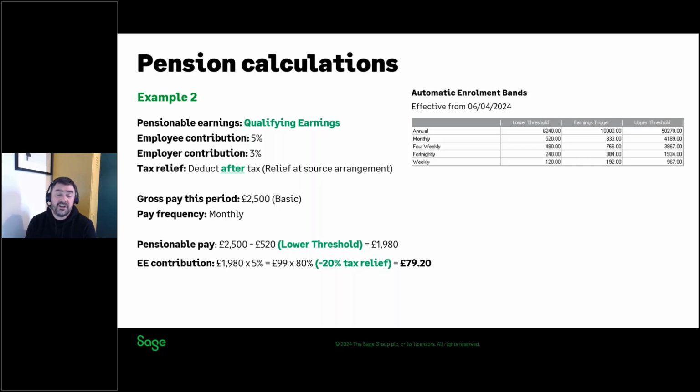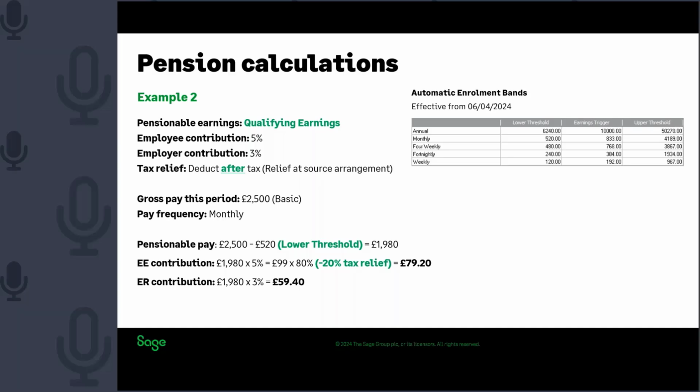So that's what we're going to deduct after tax. And the tax relief, that 20% we didn't deduct, is going to be claimed by the pension provider and put into the pension pot. Employer's contribution, a bit simpler, it's just the pensionable pay, 1980 times 3%, which in this case is £59.40.